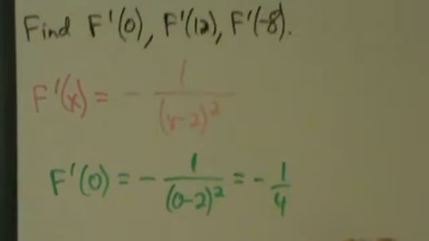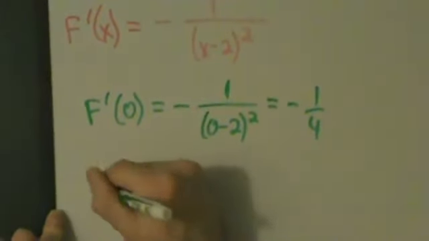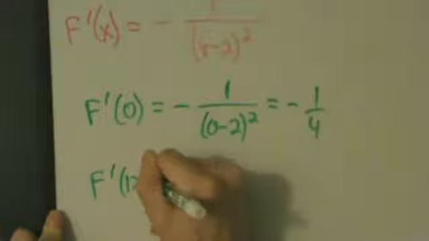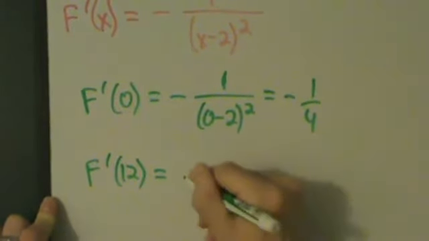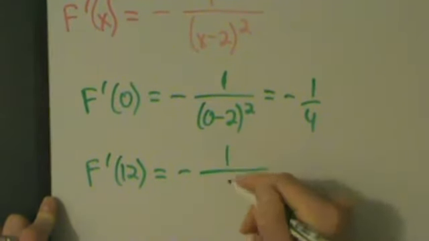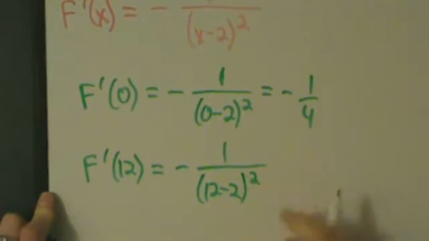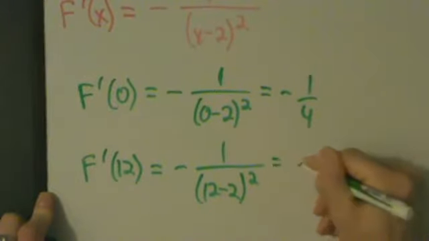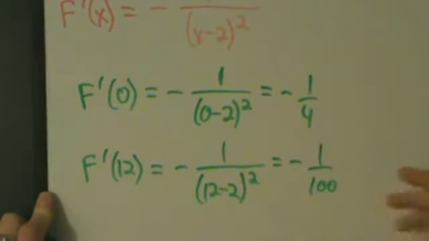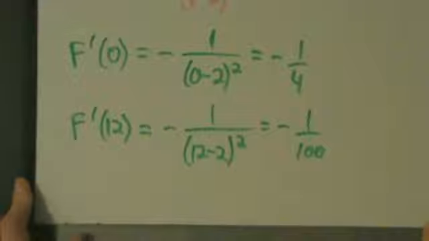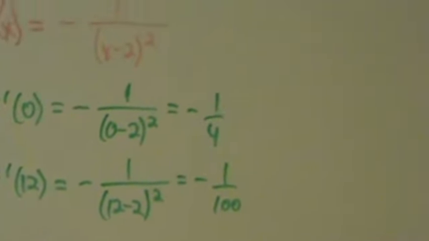f prime of 12, that's the next one. f prime of 12 is negative 1 over 12 minus 2 quantity squared. 12 minus 2 is 10, 10 squared is 100, so this is negative 1 over 100. All right? Maybe not enough room here. The third one and the last one is f prime of negative 8.